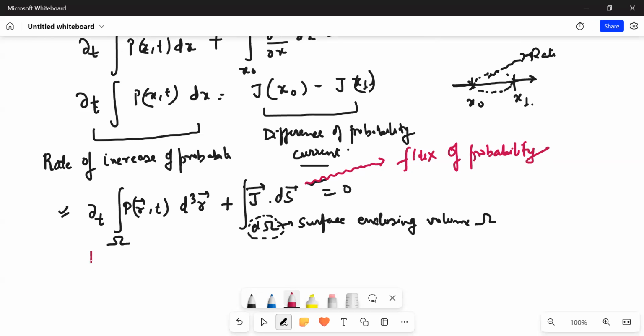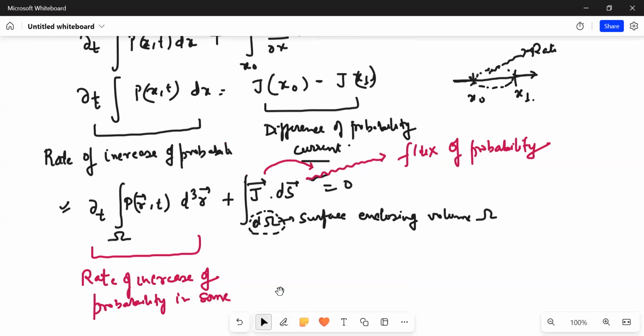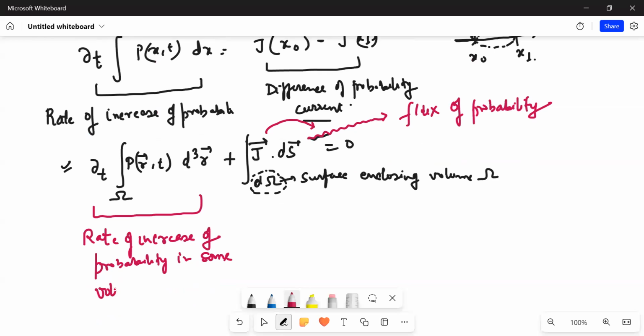Okay, so rate of increase, if I take it there, it would be negative. So if I'm saying rate of increase of probability in some volume, this equals the negative of flux.